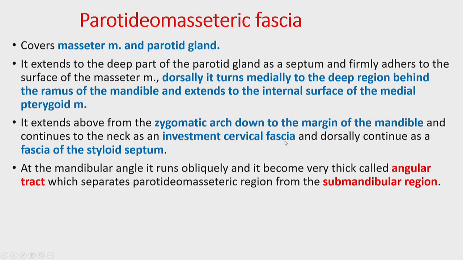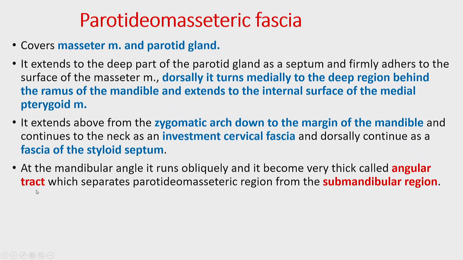Dorsally, this fascia is turning around the ramus of the mandible behind, and it's separating the medial pterygoid muscle, which is attaching to the inner surface of the angle of the mandible, from the parotid gland. And at the region of the angle of the mandible, we have this fascia very thick, and it's the thickest part of this fascia, which is called the angular tract.